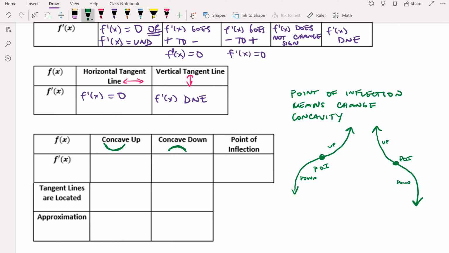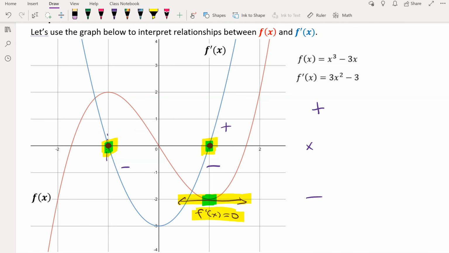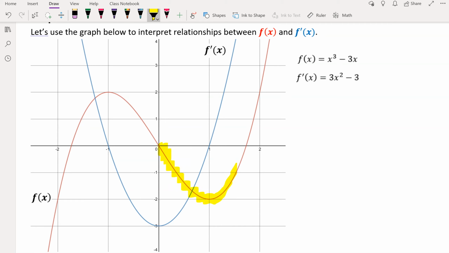All right, so now let's take some notes on what is true about the derivative when f of x is concave up on the original function. So let's look at our graph again. Let's highlight the areas where f of x is concave up. Sorry, the red graph is f of x. That was my bad. F of x looks like it's concave up right here.